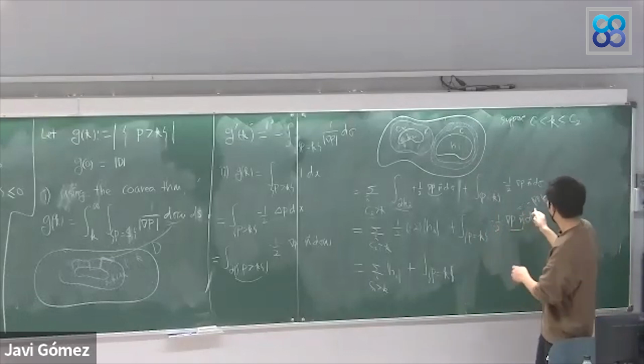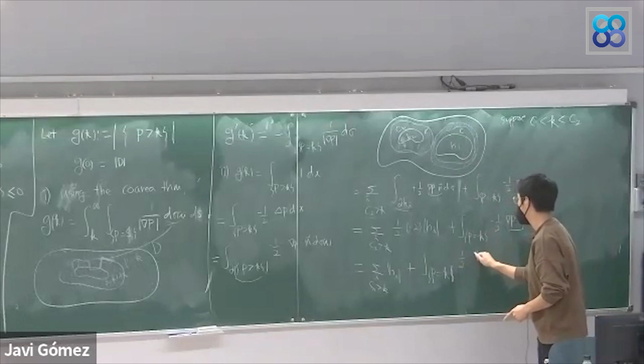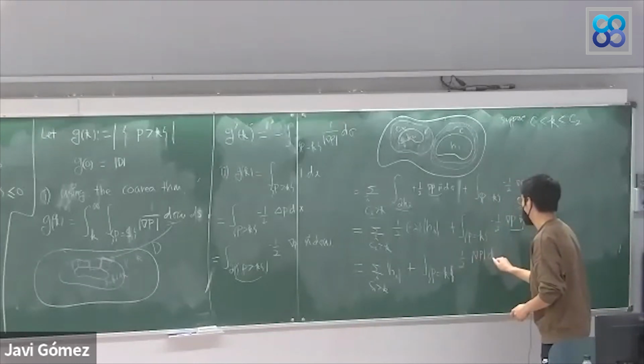So we have a negative and another negative here. So 1/2 times the integral of gradient P d sigma.